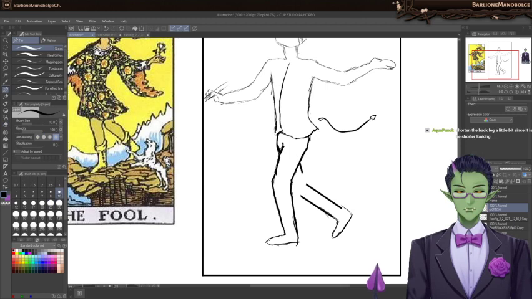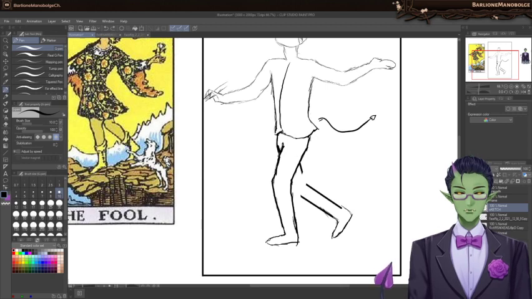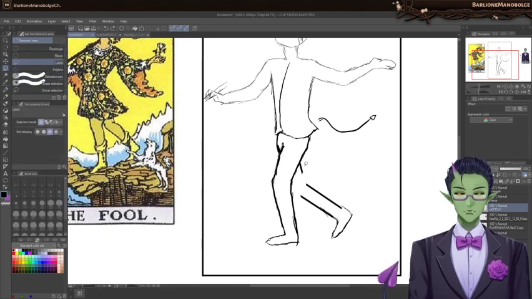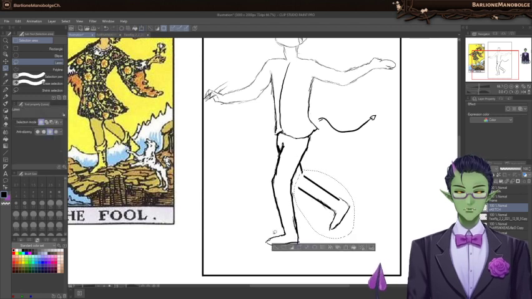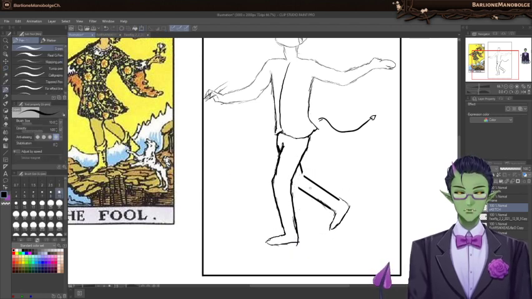Let's just compare the planes that the original Fool is standing on. Yeah. Far higher. That better, I suppose? Thank you for the tip, Aqua.